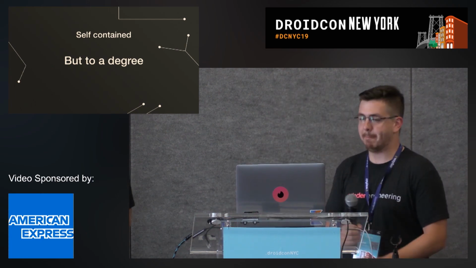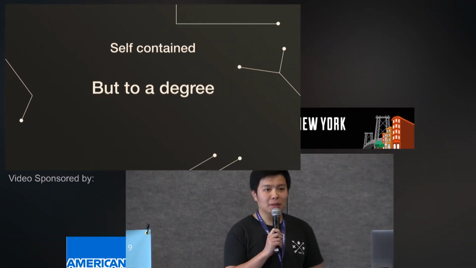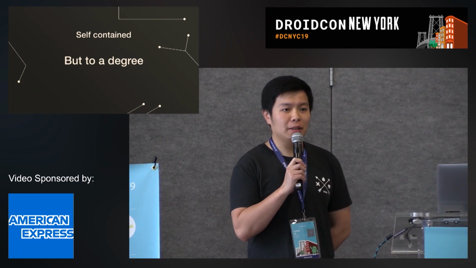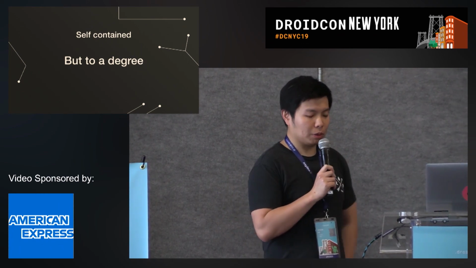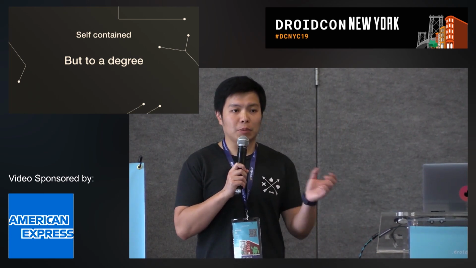Yep. So sometimes the feature modules can be very self-contained, where they can complete the graph by themselves. But most of the time, we cannot. Those feature modules cannot complete their dependency graph. And there's also a need for sharing dependencies across modules.